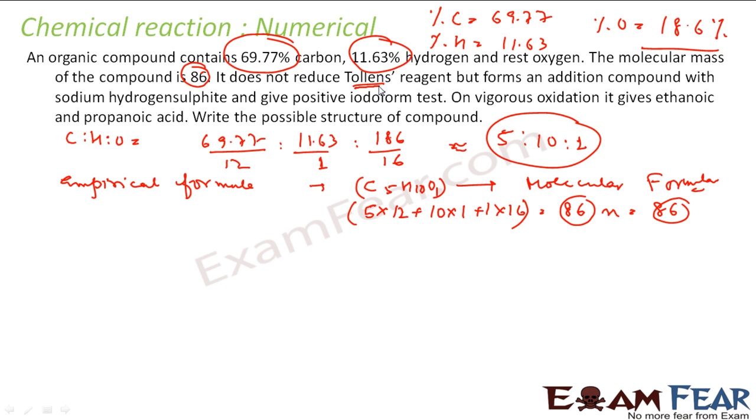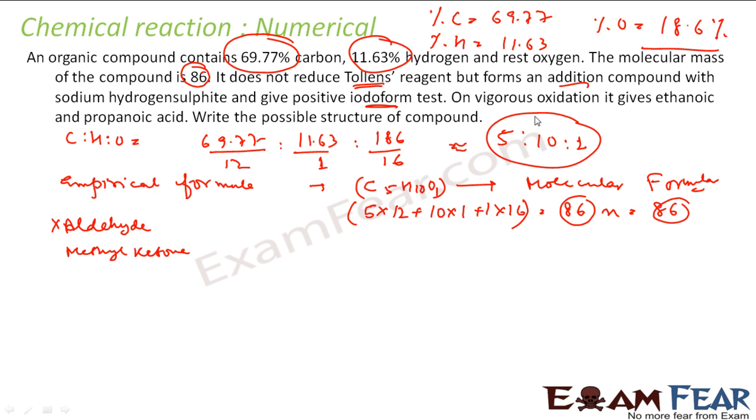Now it does not reduce Tollens' reagent. That is, it is not an aldehyde. Correct? But it forms an addition compound with sodium hydrogen sulfite and gives a positive iodoform test. So that means it is a methyl ketone.